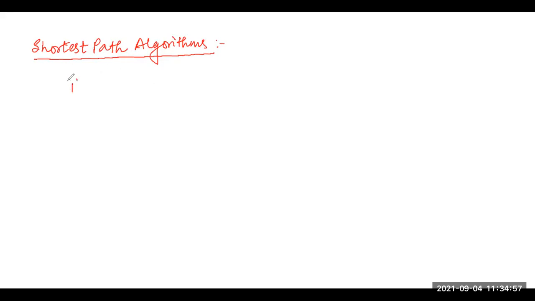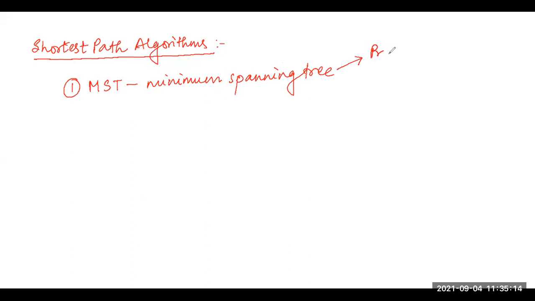First one, which you have heard, is the minimum spanning tree. Under this, we will read two, which are in our syllabus: one is Prim's algorithm and another is Kruskal's algorithm.